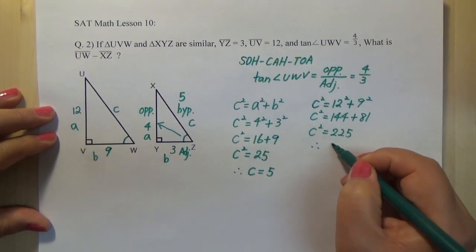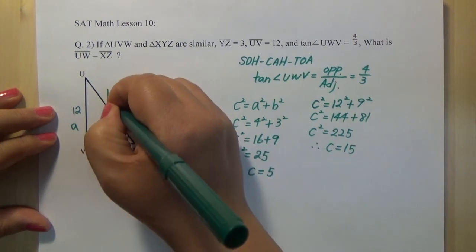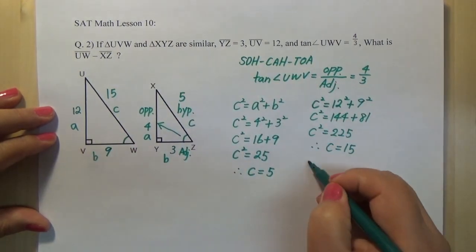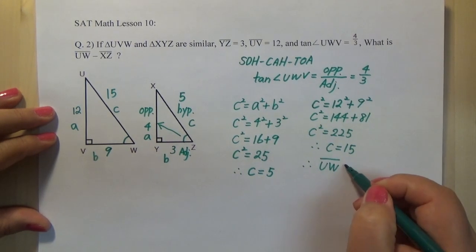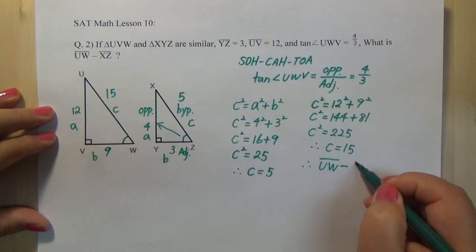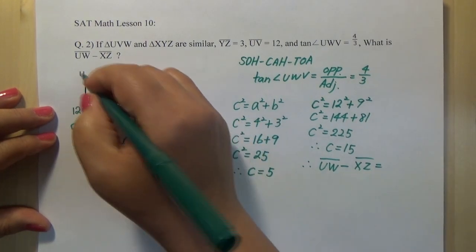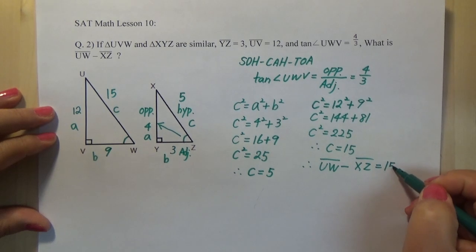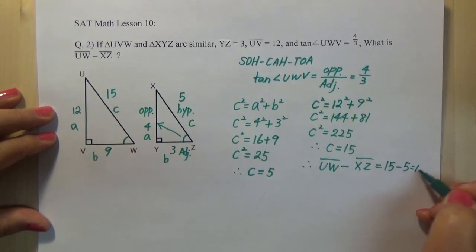And then C is going to be 15. So this is 15. So now we know UW minus XZ. UW is 15 and XZ is 5, which is 10.